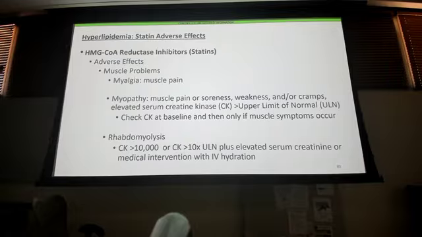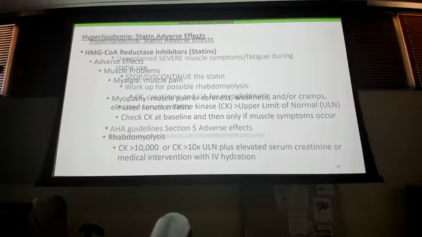So you've got to be worried about the muscle problems, which could range from anything from muscle aches like myalgia, but it could be myopathy where the muscle pain is worse. And you have an elevation in the serum creatinine kinase levels higher than normal, but they're not as profound of an elevation as you would get in rhabdomyolysis. So myopathy is a less severe form of rhabdo in that creatinine kinase elevation.